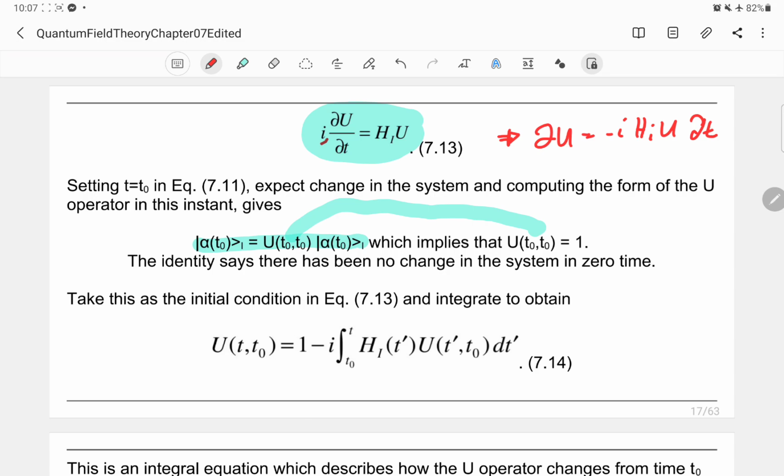So you can take this one here as the initial condition to 7.13, and you can integrate to obtain this one.